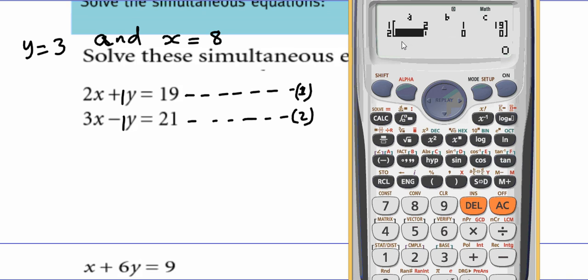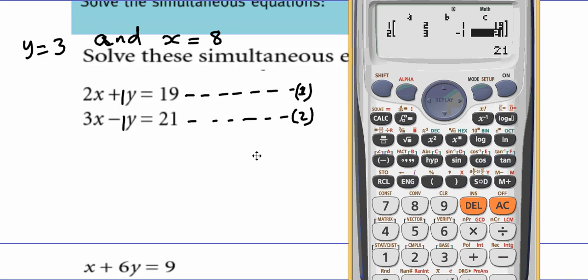So equation number 2, A is the number on x, so write that. Hit equals. Now, here you should be very careful. B is -1. Be careful with sign, yeah? -1. Hit equals. Then C is 21. You see that? Hit equals.